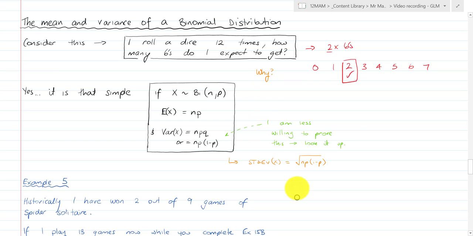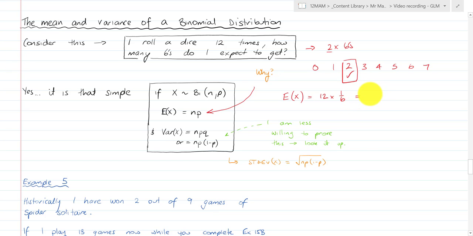And that is this. We call what we expect to get E of X, and what we expect to get is np, which in this case is 12 rolls times the probability of success. If we roll a dice 12 times, we expect to get a 6 one sixth of the time.